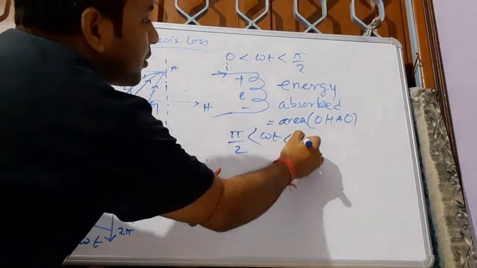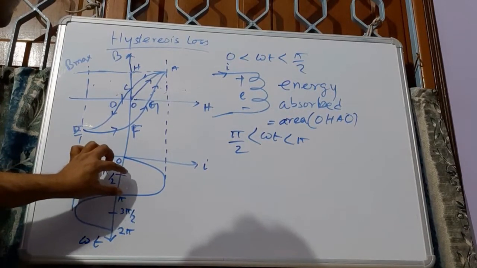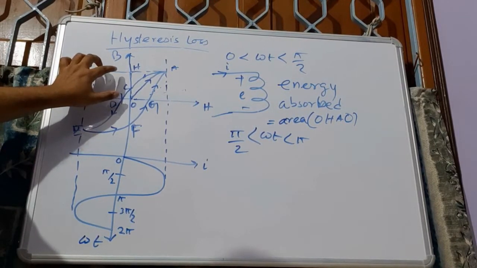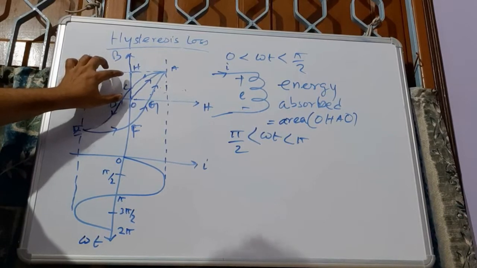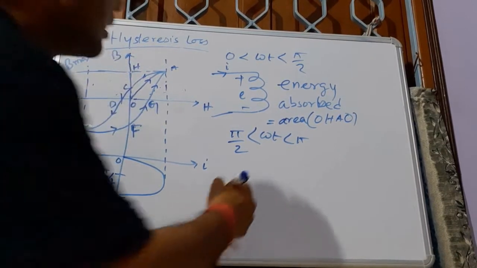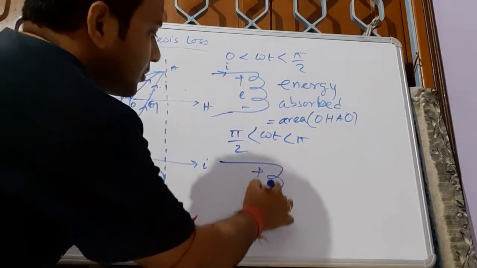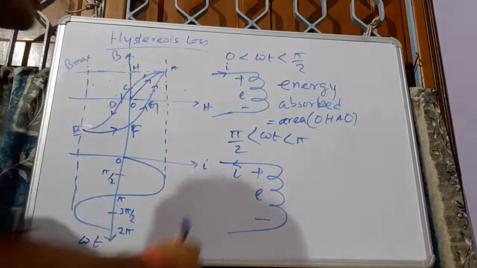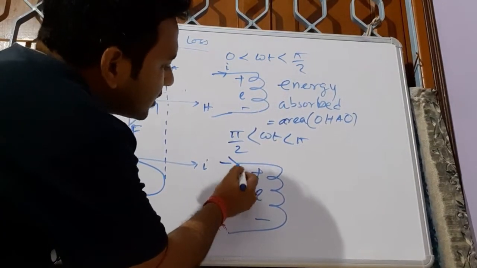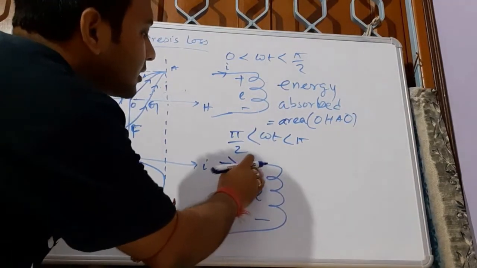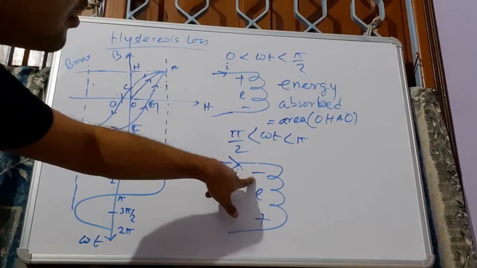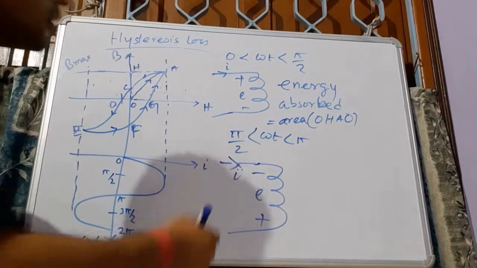Now for omega t from pi by 2 to pi, suppose this is E and this is the direction of I. The induced EMF will be this, and the current is injecting into the negative polarity of the induced EMF.